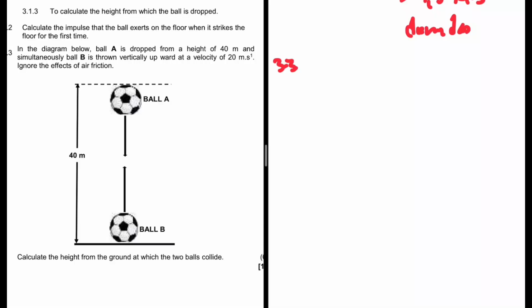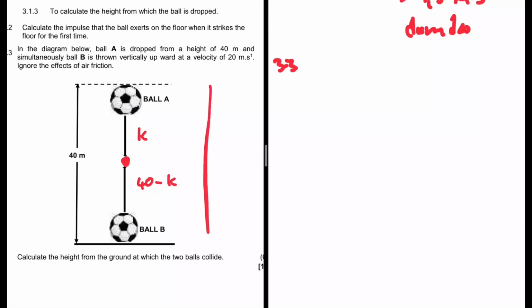So let's say the two balls meet at this point, right? If they meet at that point, we can take the distance that ball A has traveled when they collide with each other to be k, then the distance that B would have traveled is 40 minus k, right?